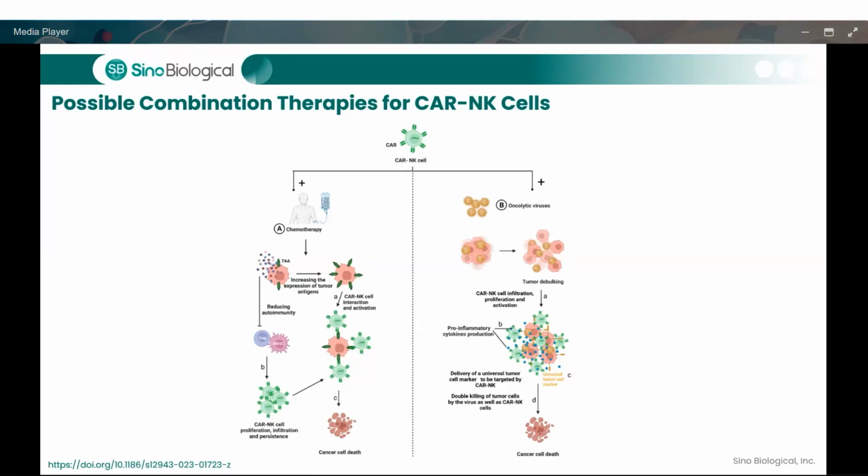Moreover, by decreasing Tregs and MDSCs, chemotherapy further promotes the CAR NK cells' proliferation, infiltration, and prolongs their survival in the tumor microenvironment. Oncolytic viruses were also mentioned in the combination approaches, as tumor debulking induced by the oncolytic viruses further enhances CAR NK cell infiltration.